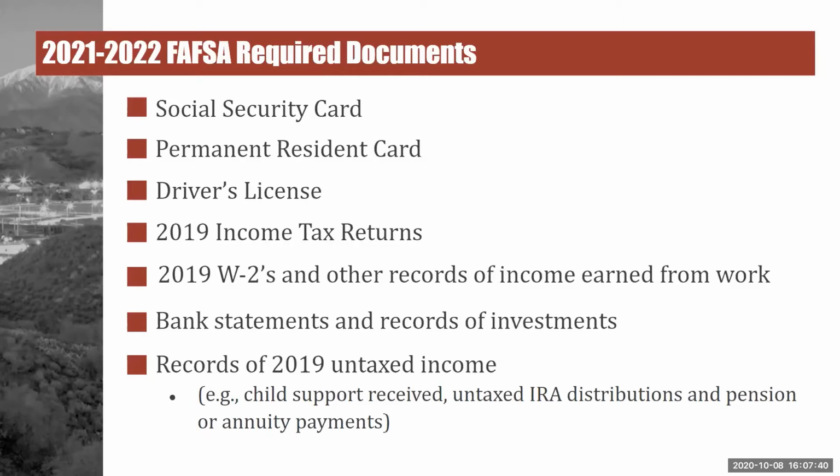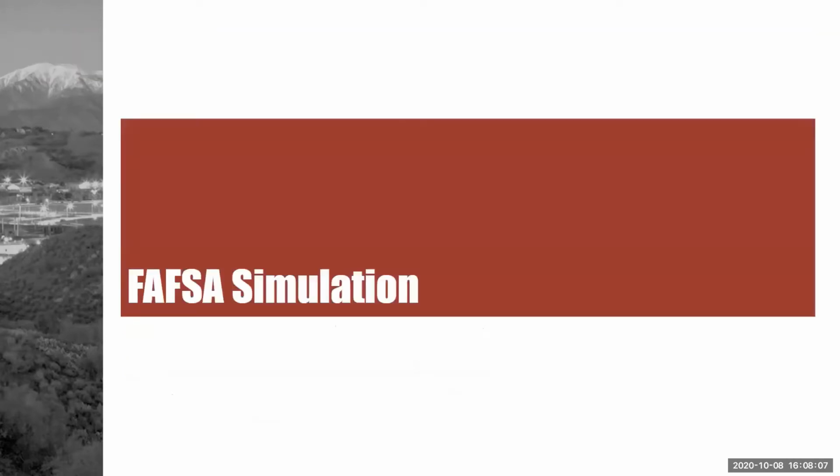Social Security card, permanent resident card, driver's license, 2019 income tax returns, 2019 W-2 and other records of income earned from work, bank statements and records of investments, and records of 2019 untaxed income, for example, child support received, untaxed IRA distributions, and pension or annuity payments. If some of the documents covered don't apply to you, that's okay. Gather what is applicable to your situation.